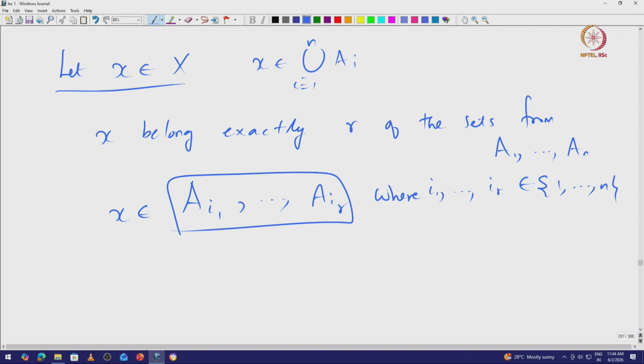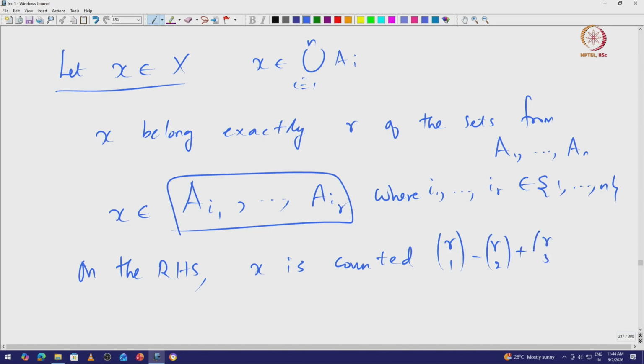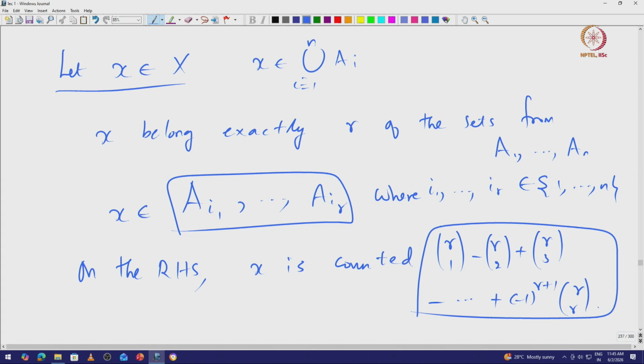Since x belongs inside this A_{i1} etc. A_{iR}, on the right hand side x is counted exactly as R choose 1 minus R choose 2 plus R choose 3 minus etc. plus minus 1 power R plus 1 R choose R. So, this many number of times it is counted on the right hand side. Okay, so let us prove this. This is our claim.